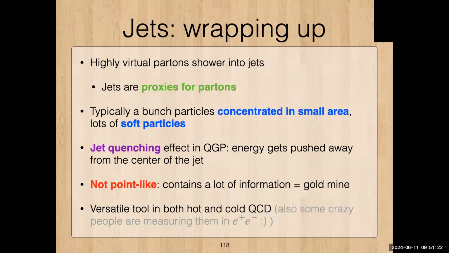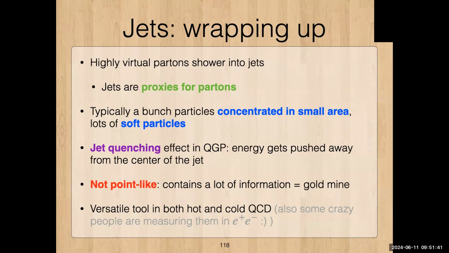Jets essentially are highly virtual partons showering into a bunch of particles. Experimentally, they are proxies for partons. Typically, what we see is a bunch of particles concentrated in a small area and a lot of soft particles.